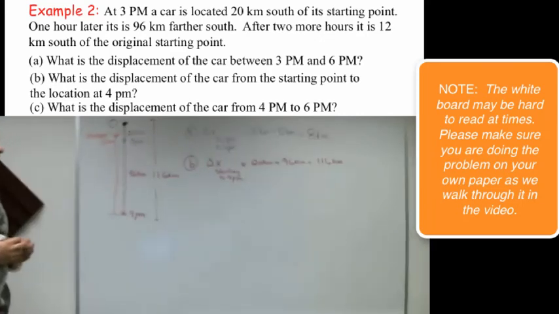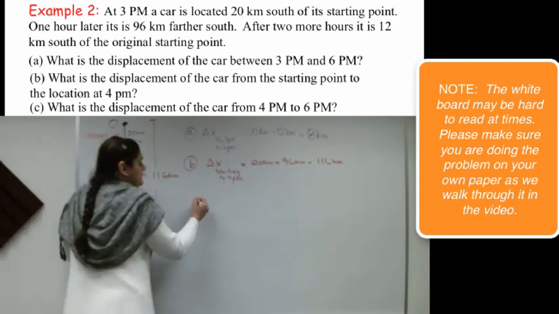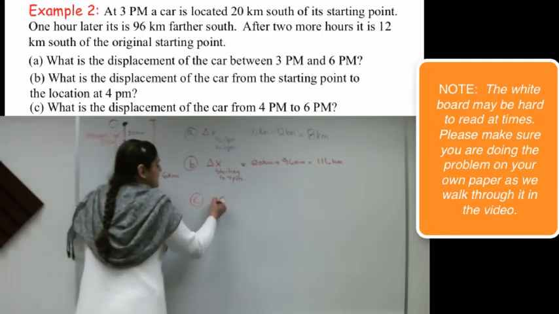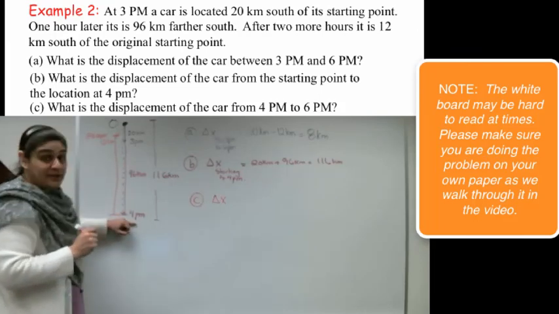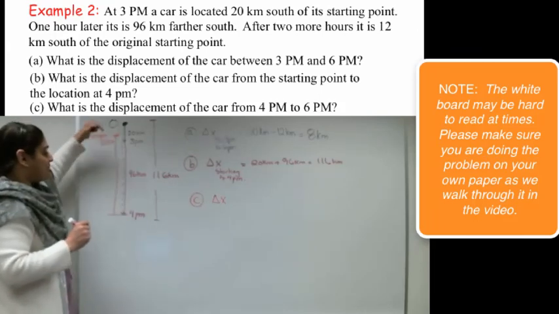Okay. Now for part C, it's asking me what is my delta x, which is my change in x from 4 p.m. to 6 p.m., right?